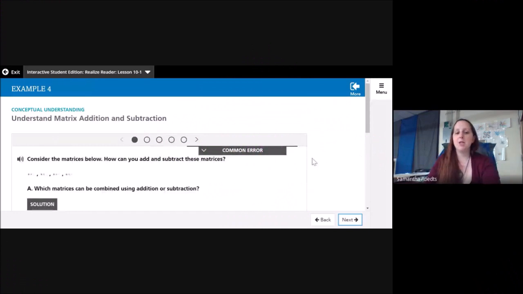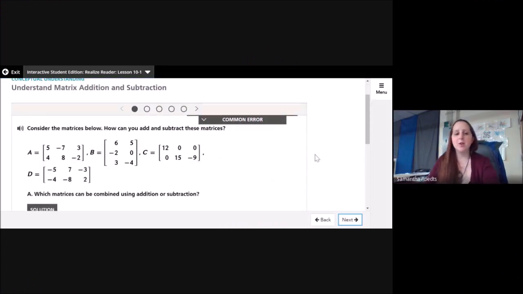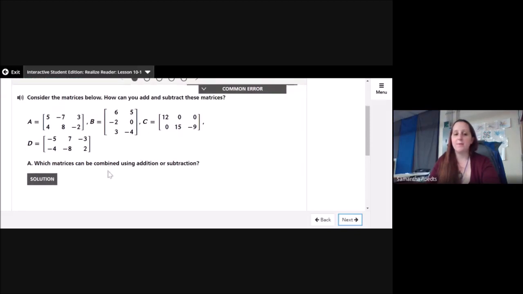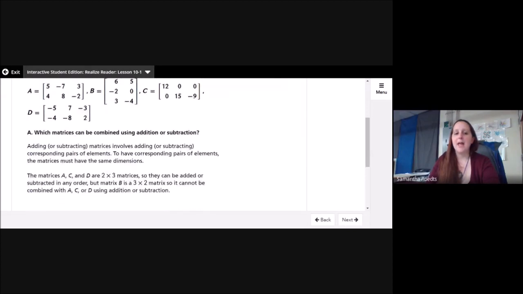Example 4, understand matrix addition and subtraction. Consider the matrices below. How can you add and subtract these matrices? So I have A, which is a 2 by 3, B, which is a 3 by 2, C, which is a 2 by 3, and D, which is a 2 by 3. Which matrices can be combined using addition or subtraction? Adding or subtracting matrices involves adding or subtracting corresponding pairs of elements.